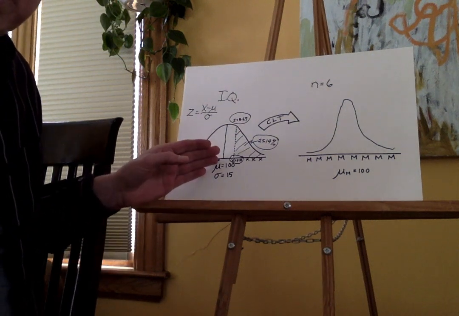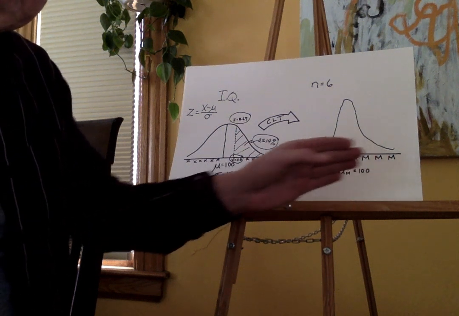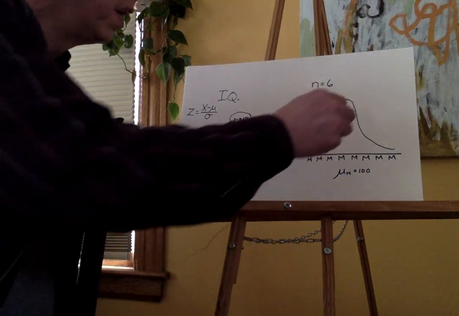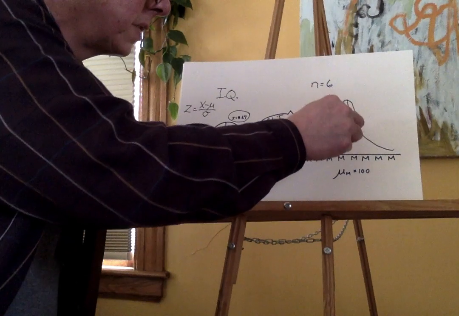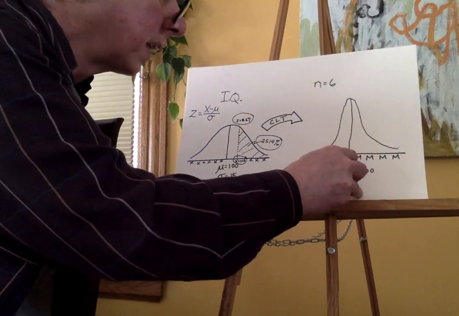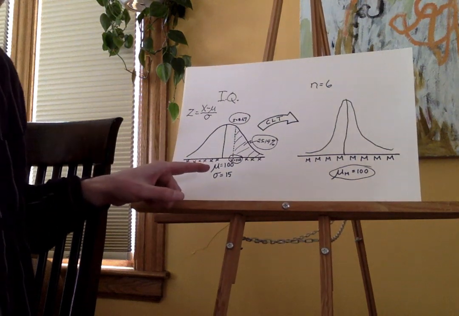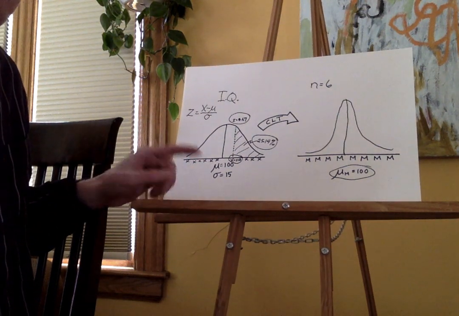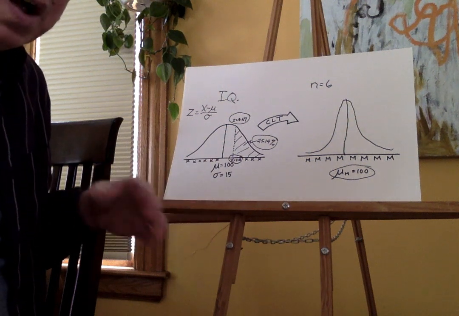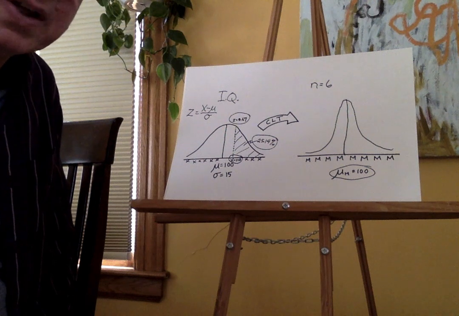Relative to our distribution of individual scores, we have a distribution that has less variability, but we know that the mean for this distribution of sample means is going to be equal to our mean for our original population. How do we know that? Because of the Central Limit Theorem. This happens, it's just based on probabilities.